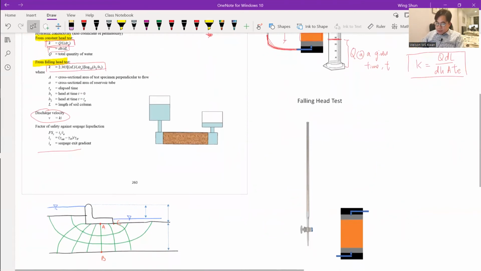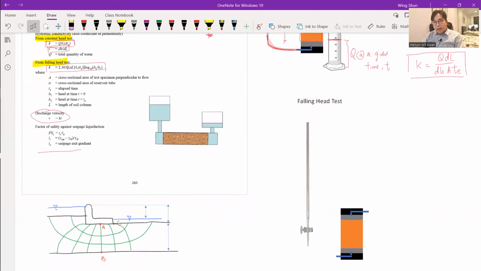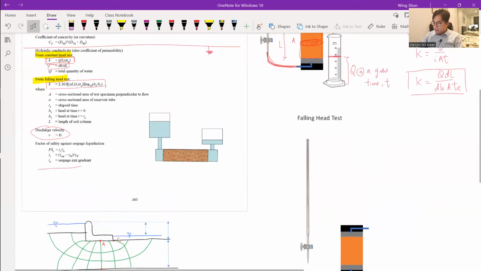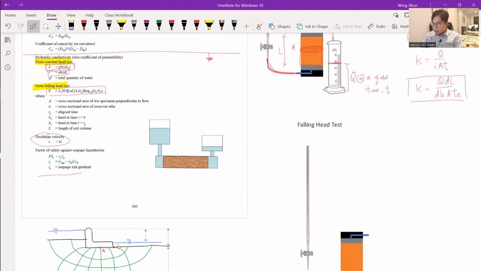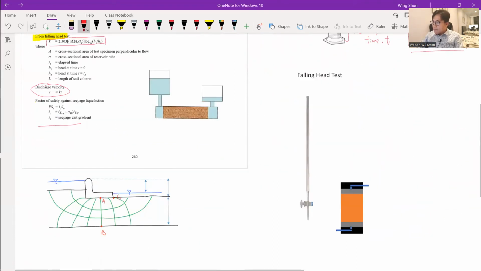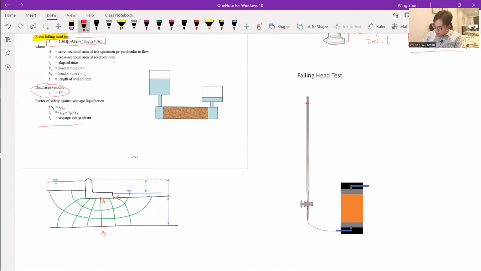The next equations I want to go through are for the falling head test. It is a very similar setup, but this time, instead of a constant head from a water reservoir where the water table is not changing, you allow the water level in the pipette to drop. Same setup: you have the pipette connected to the bottom of the soil specimen, and water travels through the soil sample and comes out from the top.